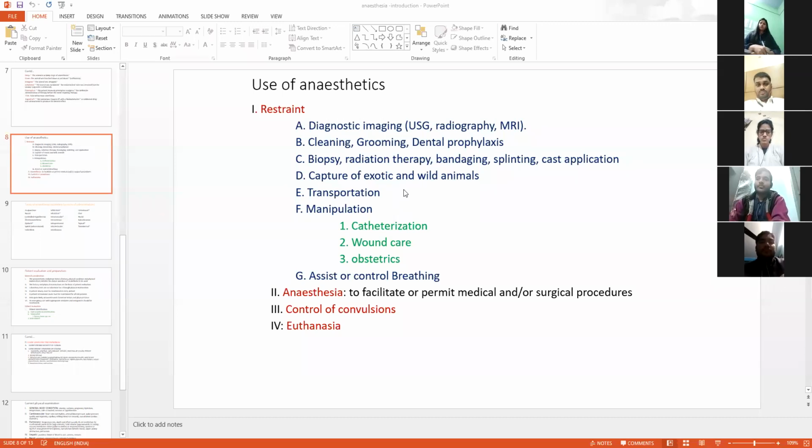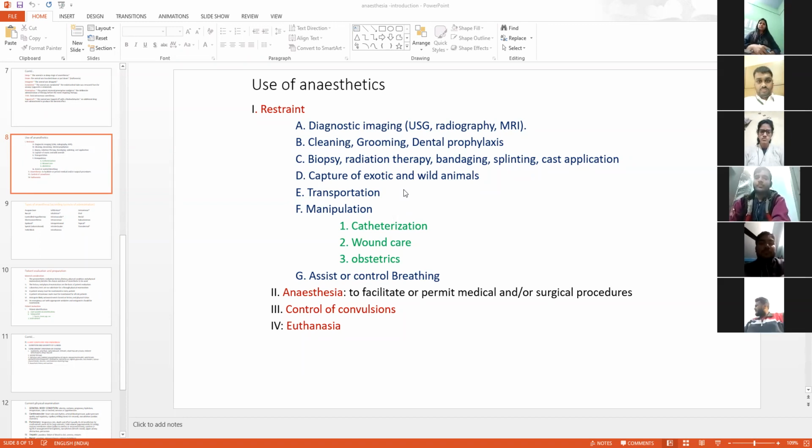Not a single anesthetic is without any side effect. Some have fewer side effects, some have more. So try to avoid anesthesia if it is not required.